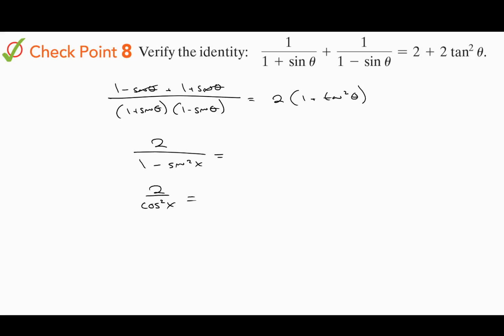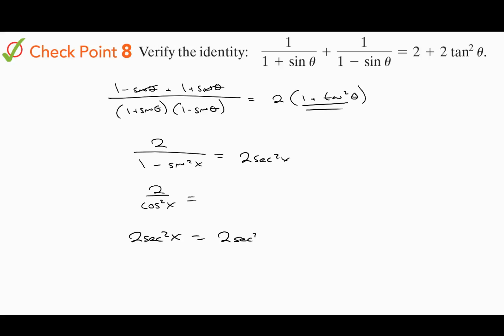And 2 over the cosine squared is 2 times the secant squared, right? If 1 over the cosine is secant, 1 over cosine squared is secant squared. And let's even meet this a little bit in the identity, because this is an identity. It's a Pythagorean identity, and it's equal to 2 times the secant squared.